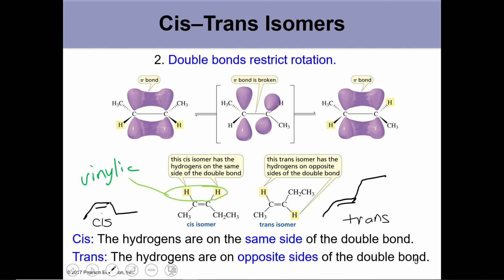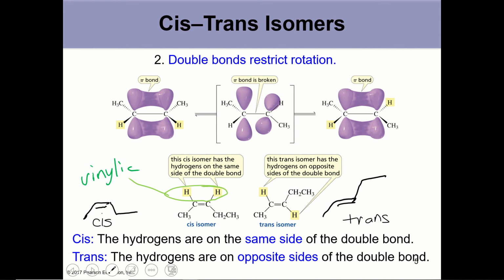And so the pi bond restricts the bond from being able to rotate. And this results in cis and trans isomers because the proximity of groups on the carbons is fixed in space, and that means that the isomers cannot be superimposed on one another.